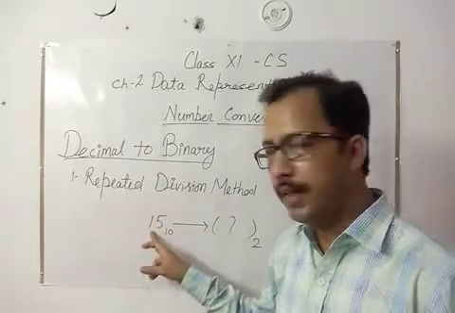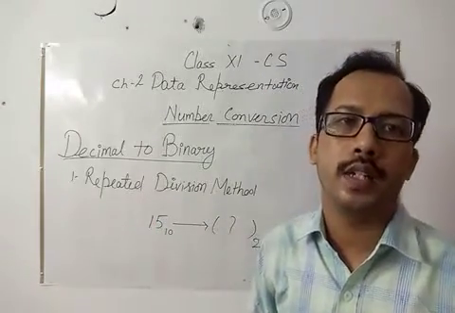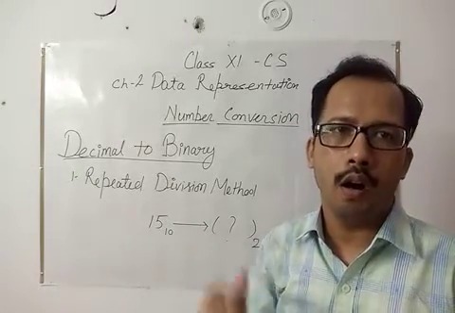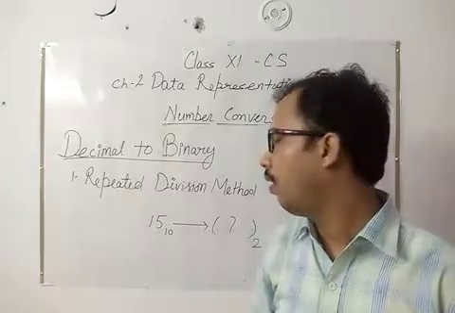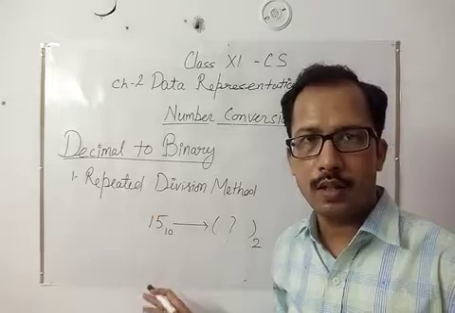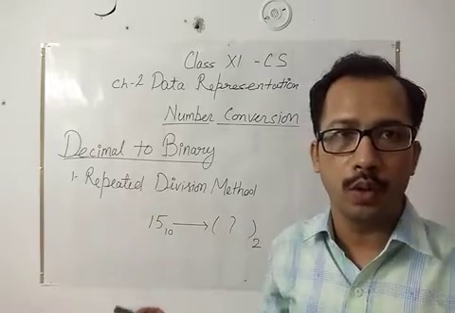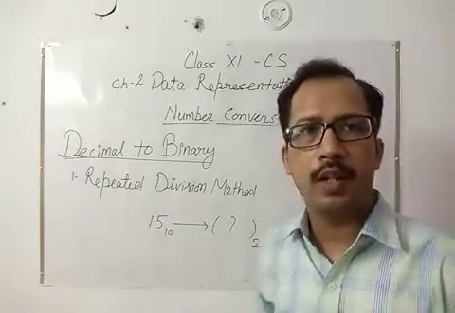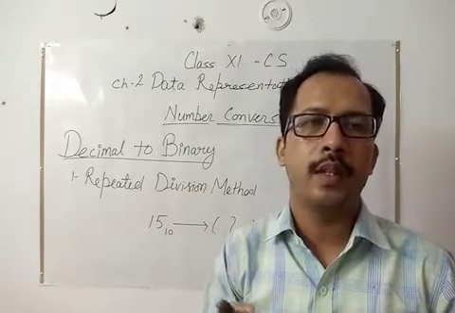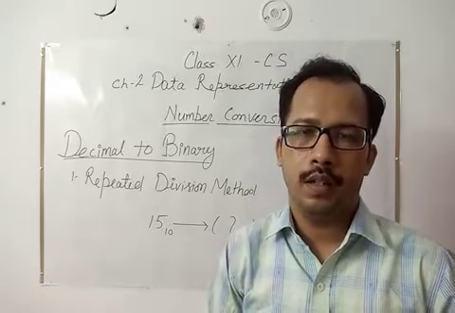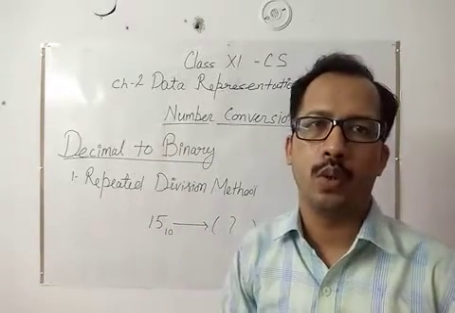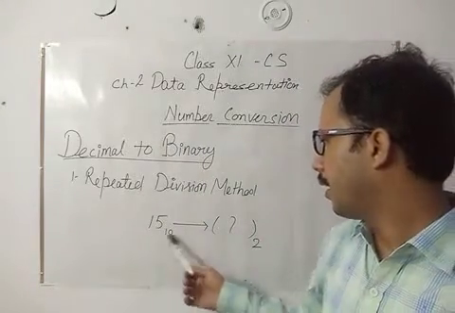Divide successively and record all the remainders, and assemble the remainders once the repeated division gives 0. The last remainder will be the MSB, and we arrange up to the first remainder, which will be the LSB. So let's convert the number.